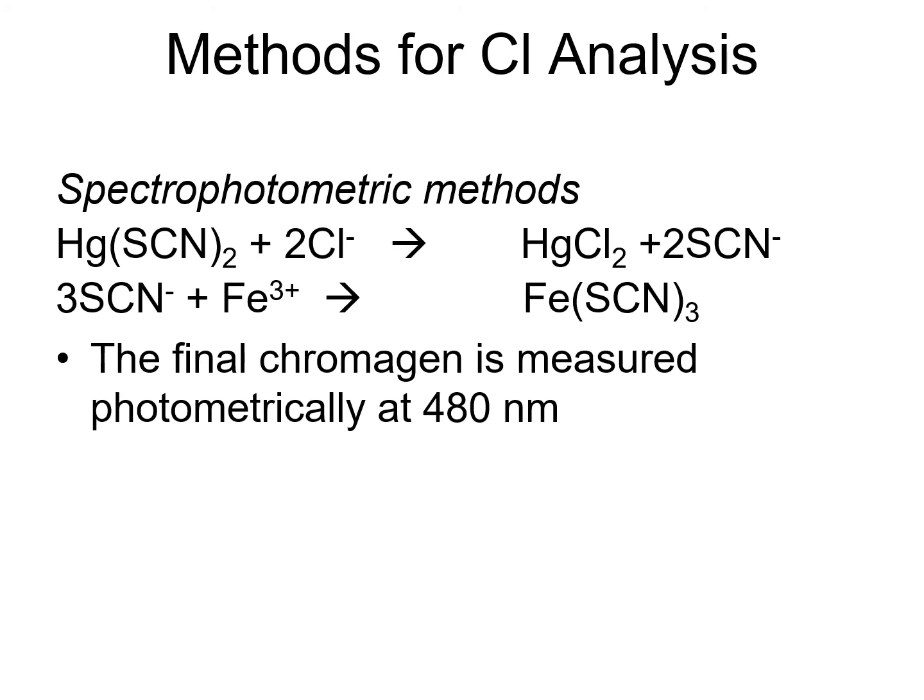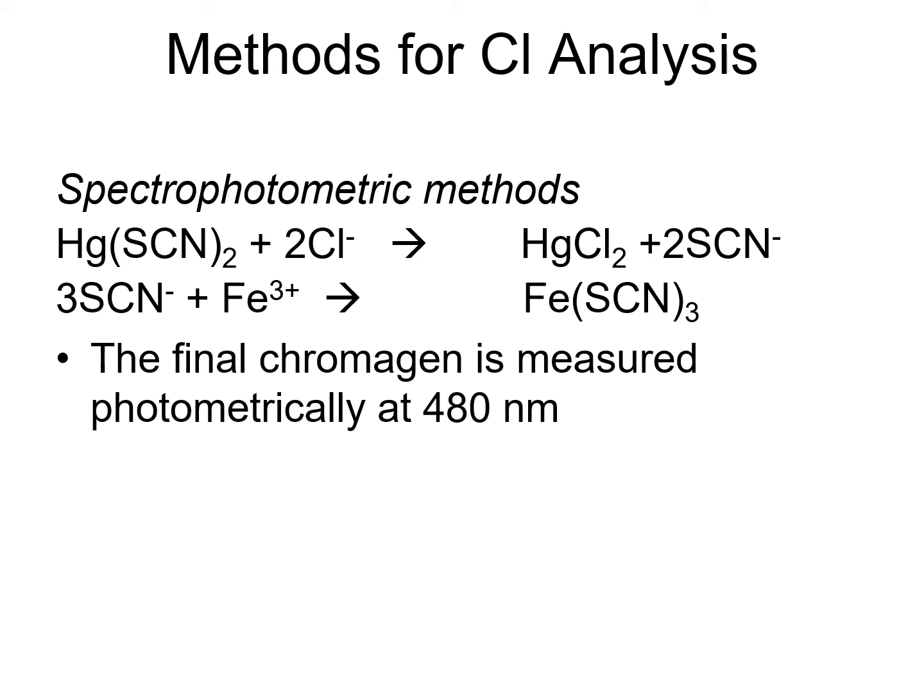Okay, there is another method. This is a chemical reaction involving mercury thiocyanide plus chloride, which will form mercury chloride and thiocyanide.